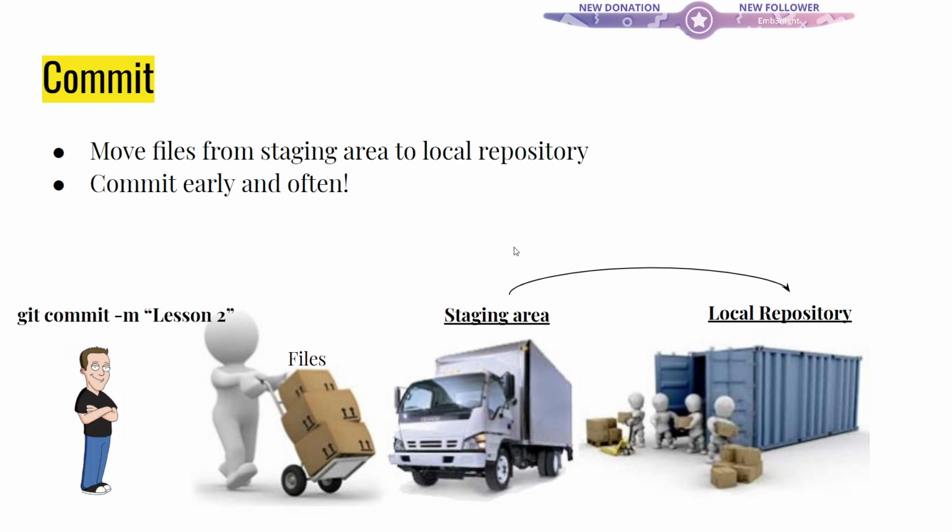And when you are in the local repository, then you can work with all sorts of Git features. You can start branching, you can start going back and forth in versions of your code and history. That's why it's best practice to commit early and often, so that you have options to come back to previous places.